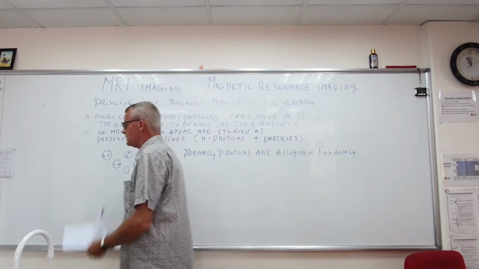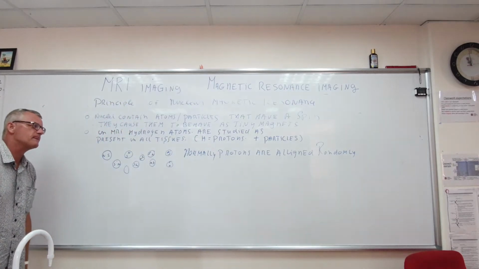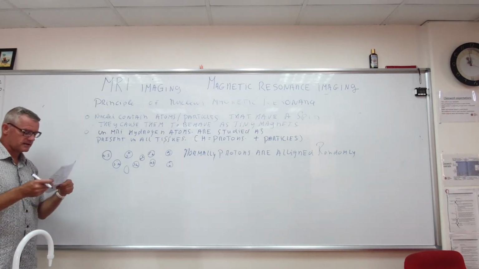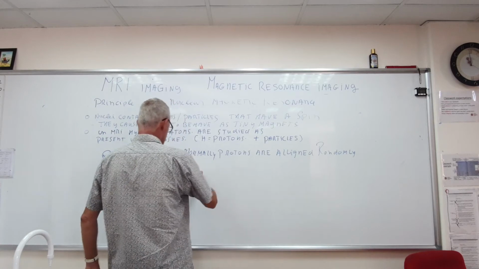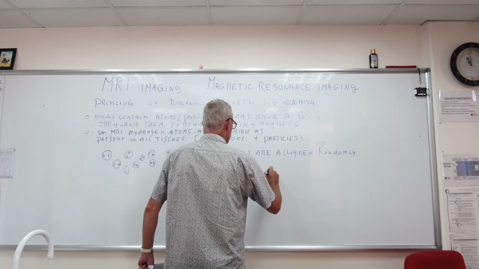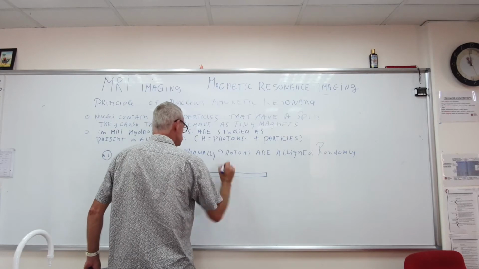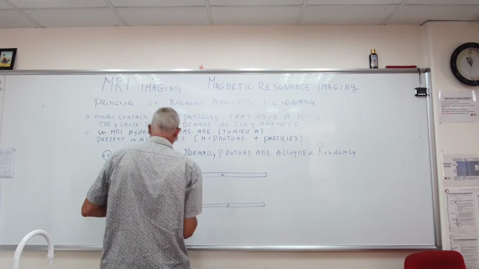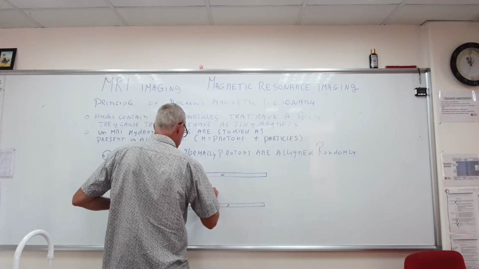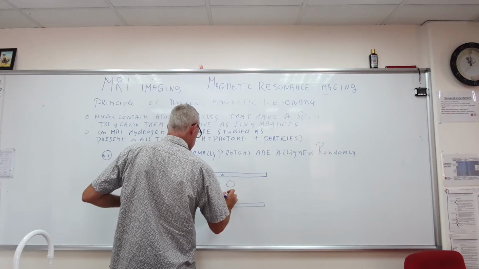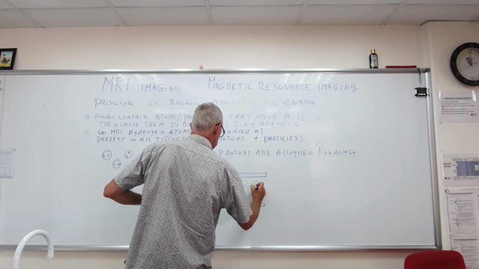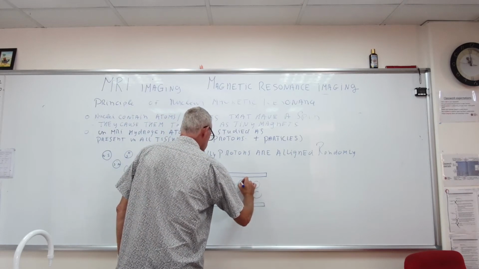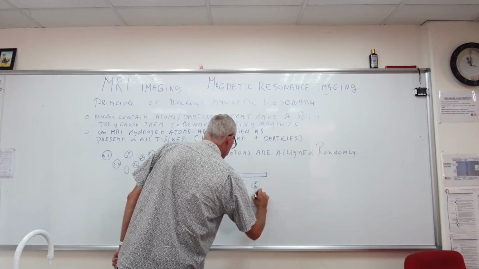Okay. Now we're going to look at what is going to happen when we put these protons in a strong magnetic field. Here we have a North Pole. Here we have a South Pole. Here again we have our protons. And how are they going to align? Well, they're going to align according to the magnetic field.